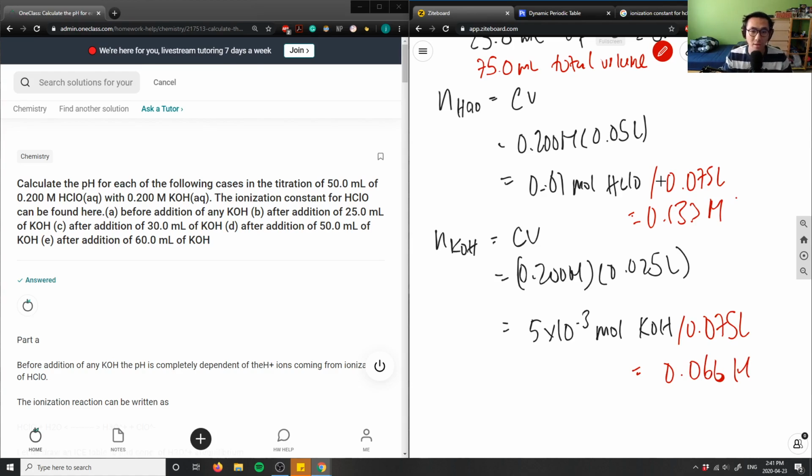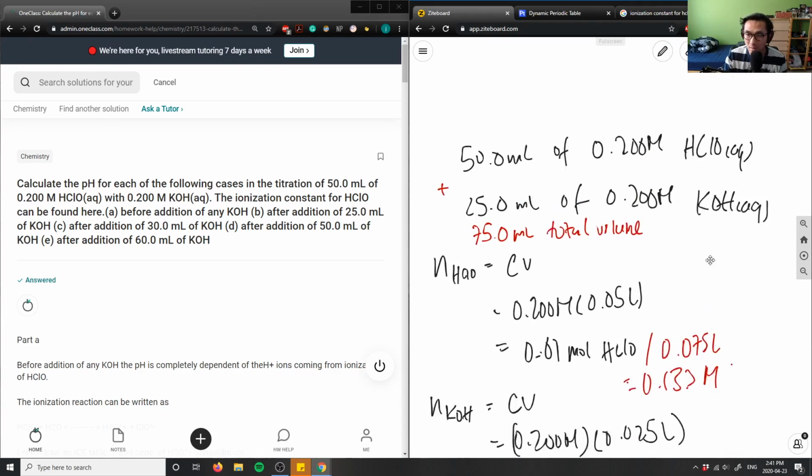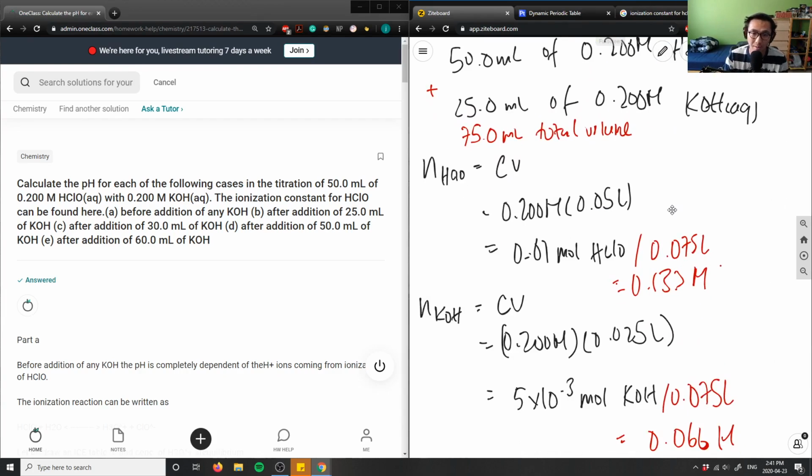These are my new concentrations for the ICE table that I'm about to do.